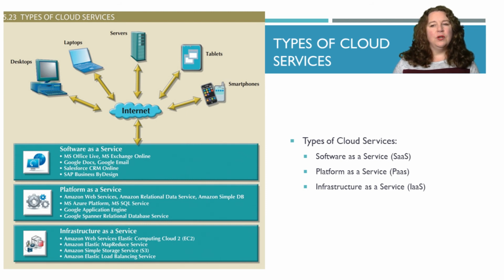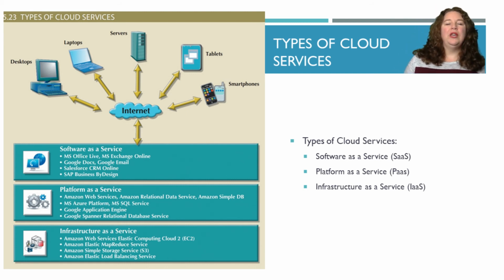The last one, of course, is infrastructure as a service. This is your MapReduce or your cloud computing, load balancing, actually doing all of the infrastructure that you need to make things work. We can do those with a service as well.